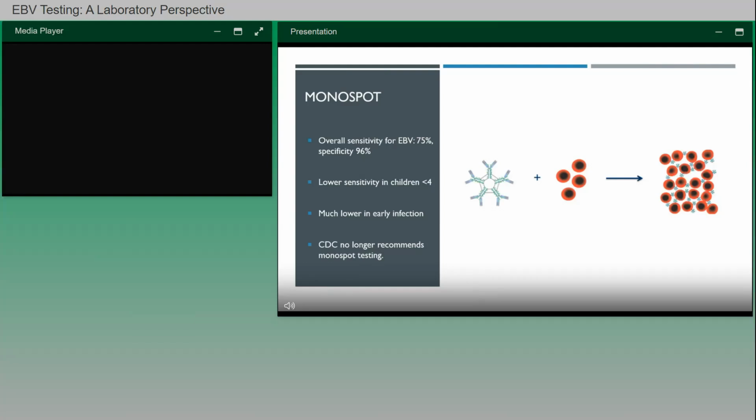So while a positive result doesn't rule in EBV, a negative result, if obtained during actual onset of symptoms, during actual active infection, can be useful in ruling out EBV. Okay, so I'll show you an algorithm that uses that performance at the end.